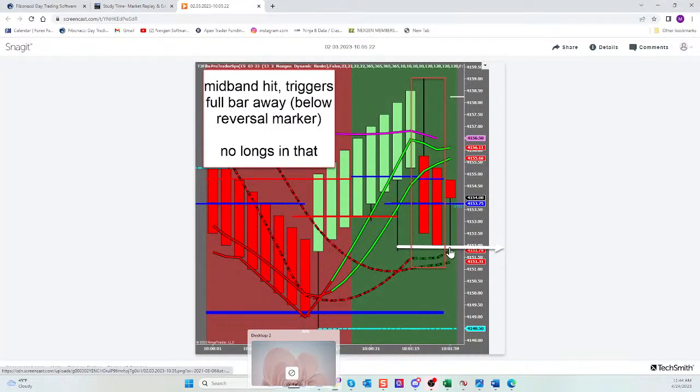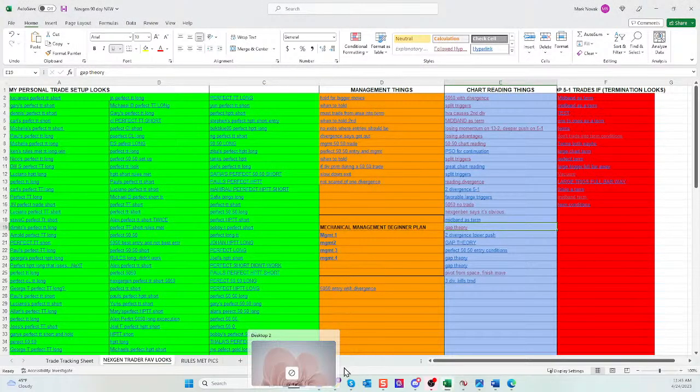Gap theory. There it is again. Over and over. Who's got a spreadsheet? If you took a picture of your spreadsheet right now under Nexgen Trader Favorite Looks and posted it in the room, would you say to yourself, man, I'm doing a lot of work?